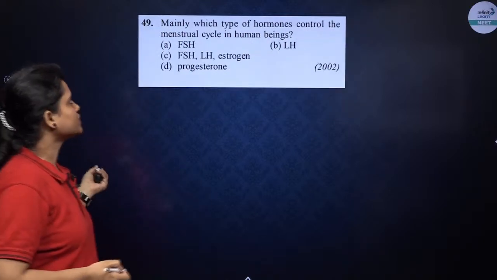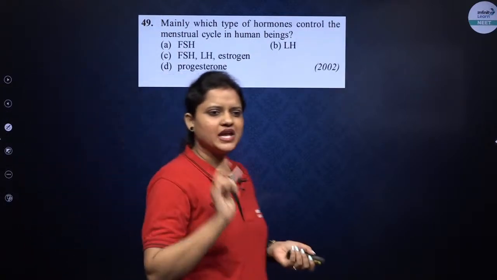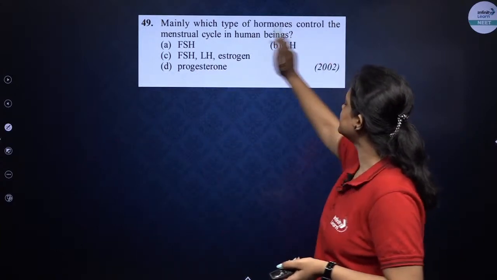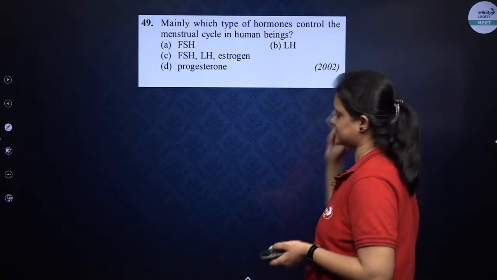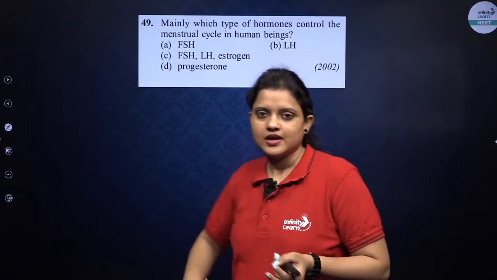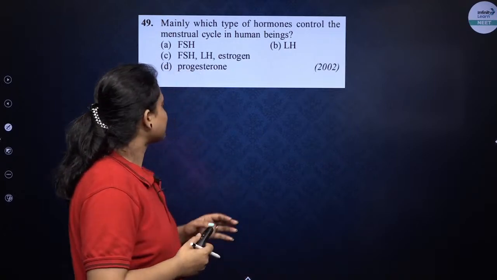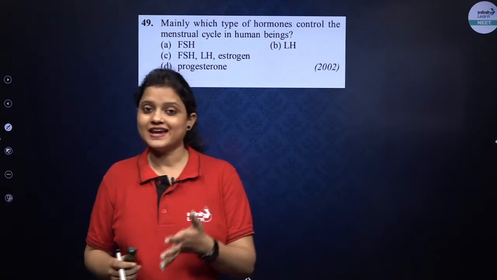Chalo, second last question of today's session. Mainly, which type of hormones control the menstrual cycle in human beings? So menstrual cycle is controlled by FSH and LH.